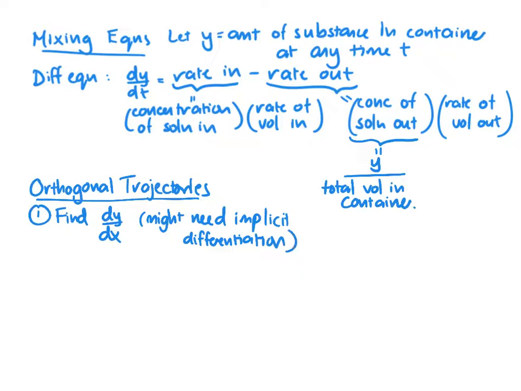This is a family of curves, so there's usually some constant k involved in the equation, and step 2 is just to eliminate k from that derivative. So we just have dy by dx is some expression often involving y's and x's. Now we write down a new equation.